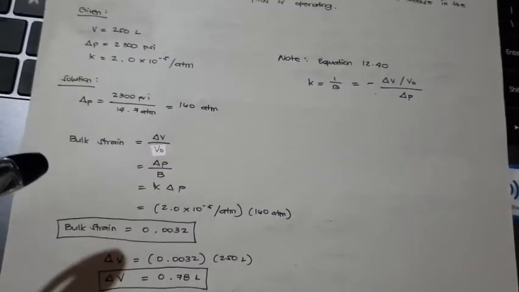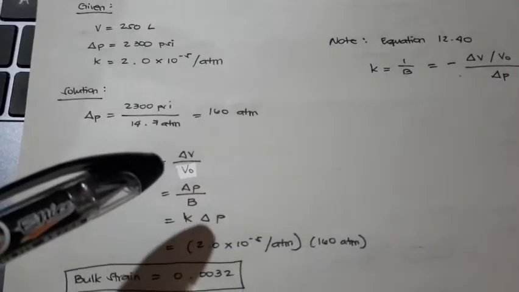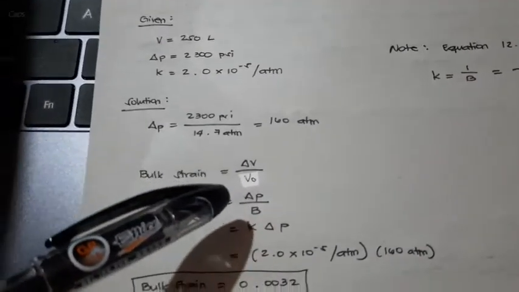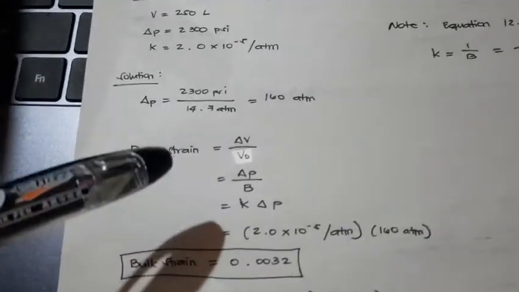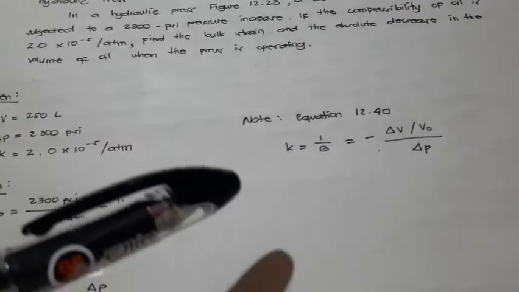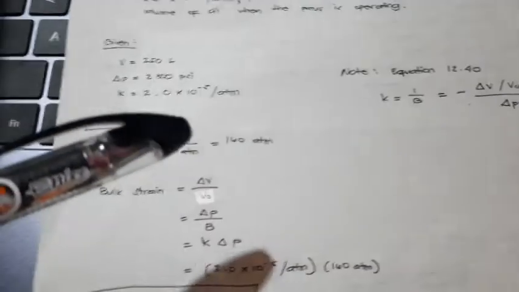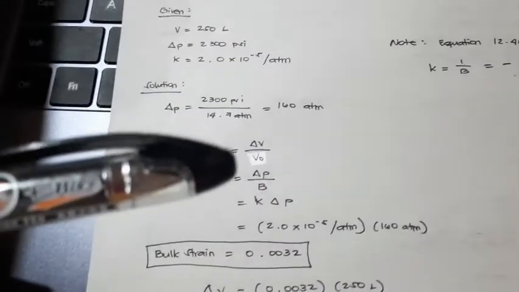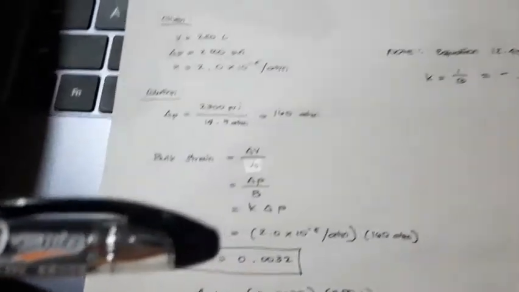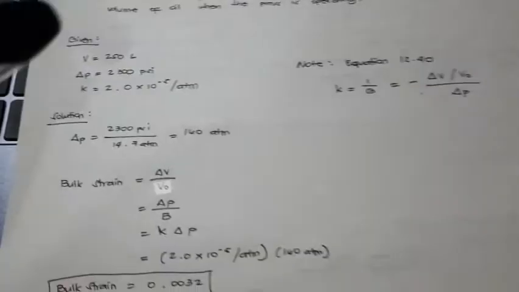To solve the bulk strain, we must use this equation, the change of volume relative to the original volume. But we could not use it, so we will not use it. Instead, we use equation 12.40. But we have to invert this equation because we have the compressibility here, which describes the change in the volume of fluid per unit increase in pressure.